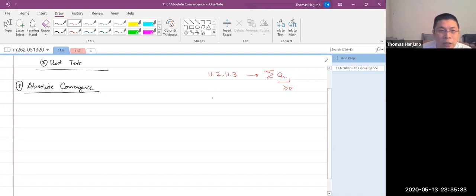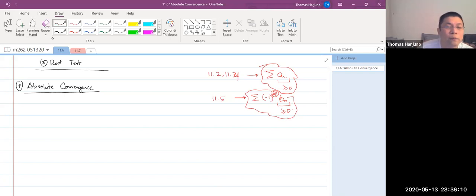And then in 11.4, I think it's included, and in 11.5, we deal with alternating series, where Bn is the positive part, the non-negative part. So originally we dealt with positive terms, and then in 11.5 we deal with terms that may be positive, may be negative.